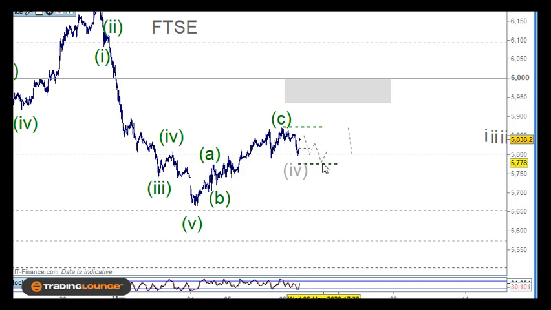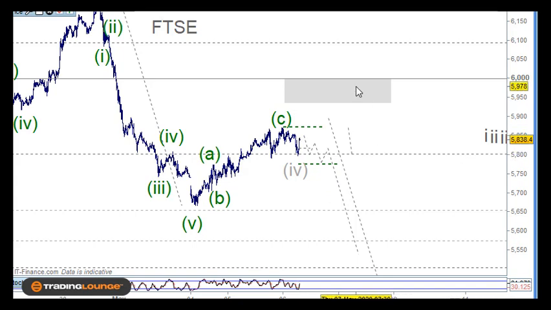Once you've got that low in place, put your order to sell on stop there if you're using CFDs, and then we can go down from that point. If we go down, we should see this level over here. So it's worthy of having a crack at this if the 5,800 becomes the resistance.